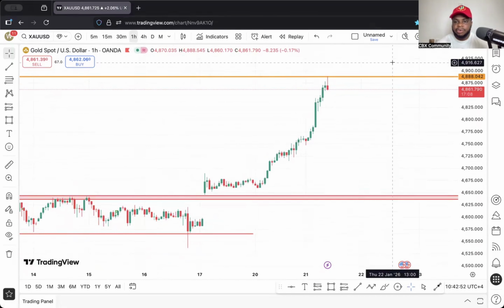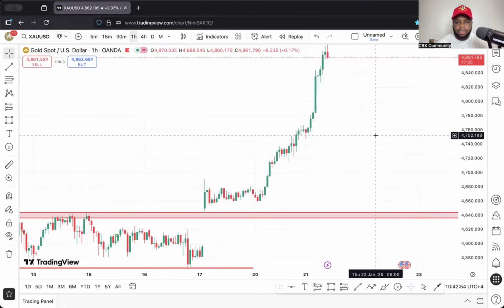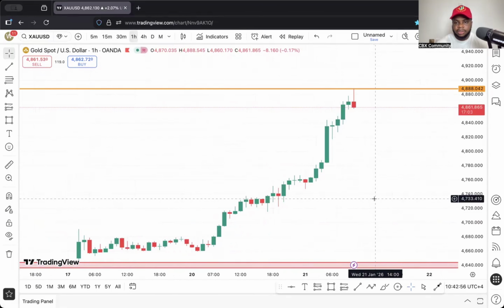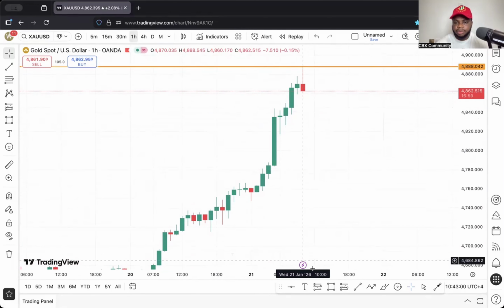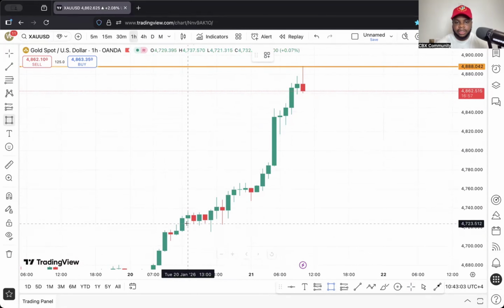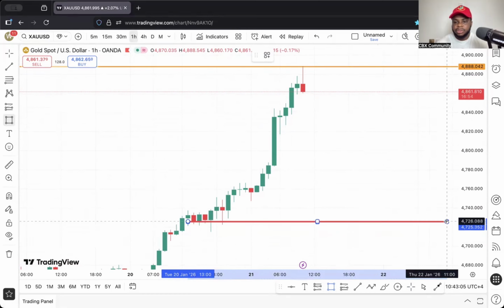So looking at the condition of the H1, we have a support zone over here. There's a support zone over here.